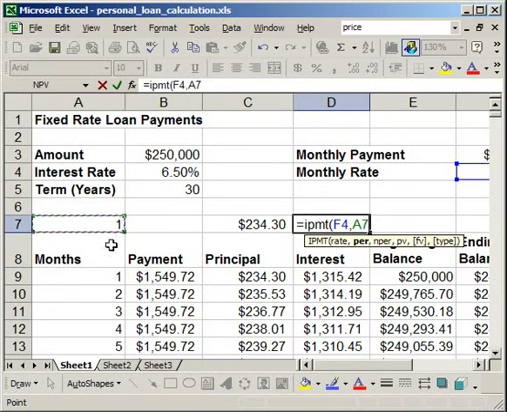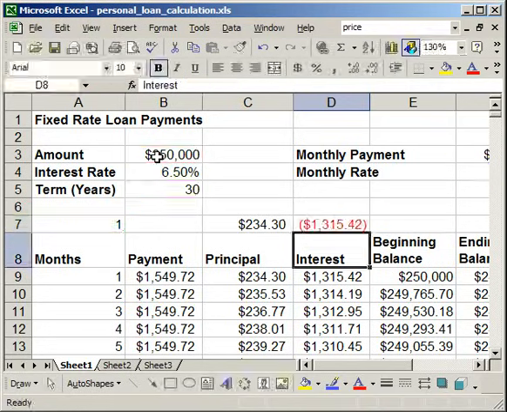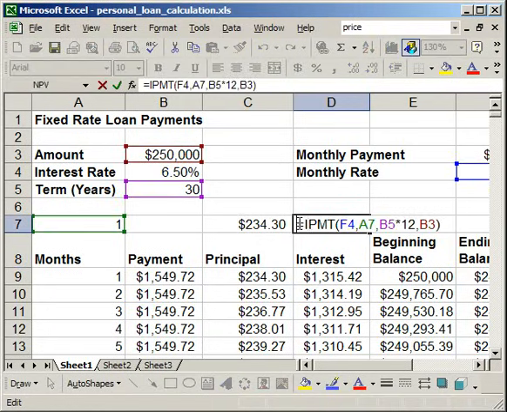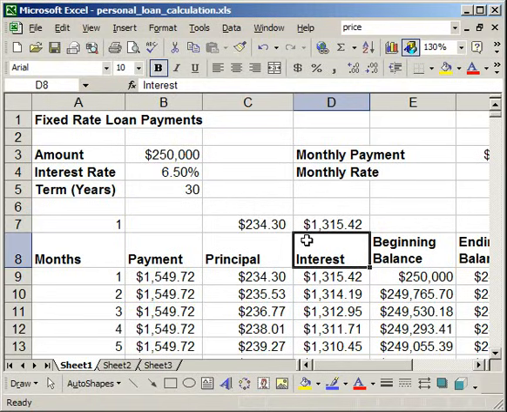So that's how I did it down here. Now the number of periods is going to be the term of the loan times 12 months, so 30 years, 12 months per year, and the present value will be the amount of the loan. Close parentheses, hit enter, go ahead and put the minus sign in front of the function, and you get it.